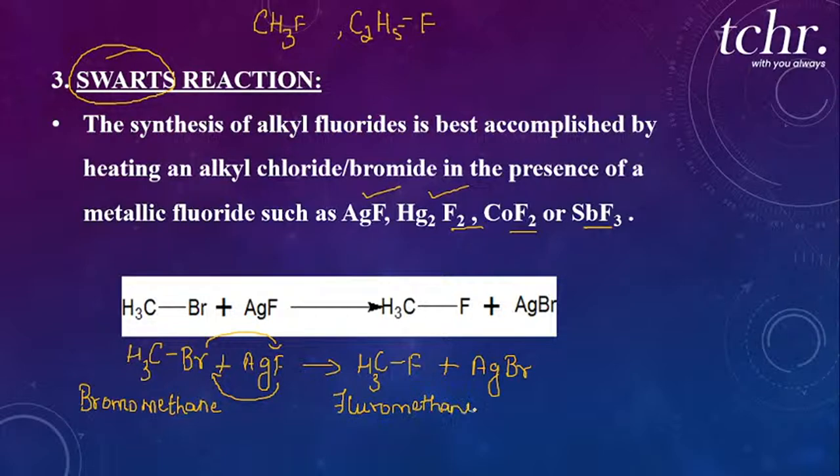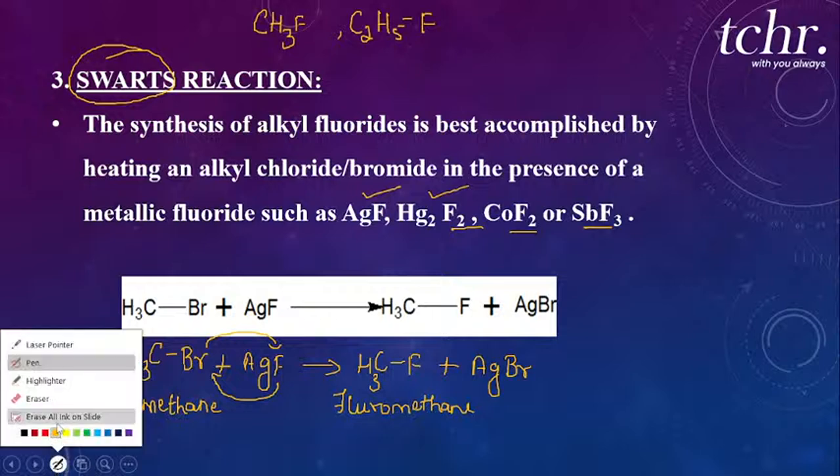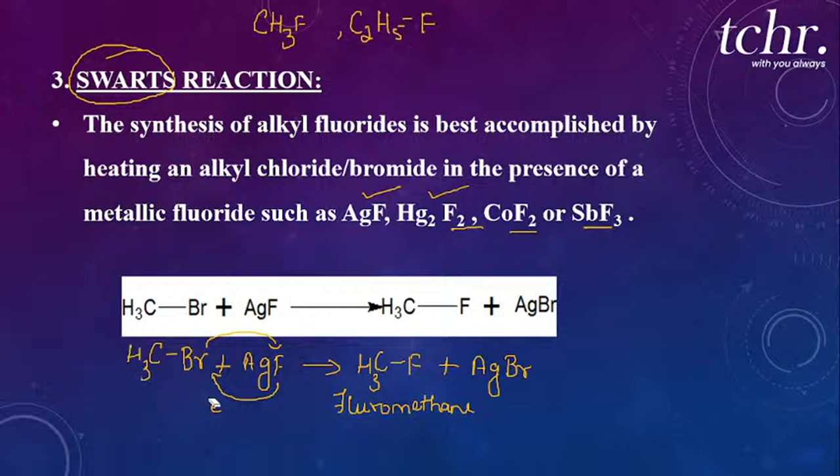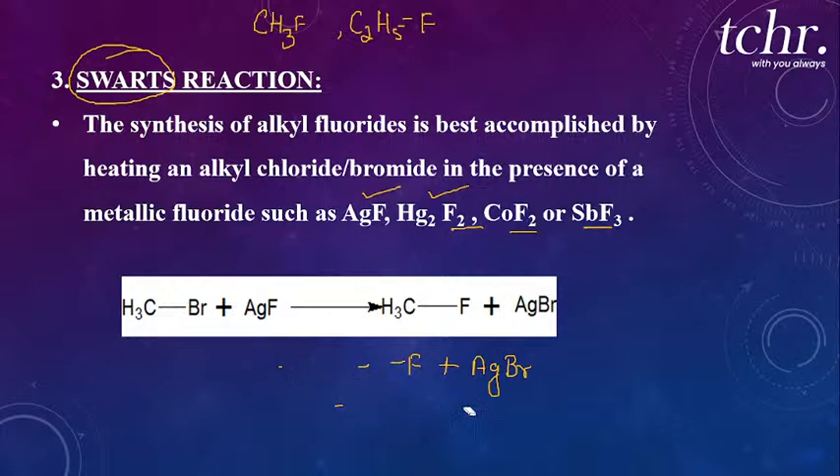For one more example, I will use other metal salts, like mercurous fluoride. It is just as easy to understand as with AgF, since a halogen exchange takes place.